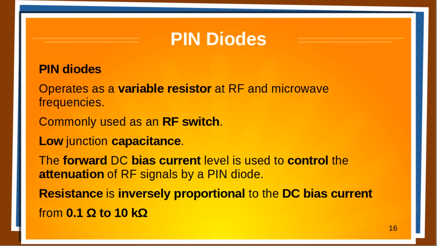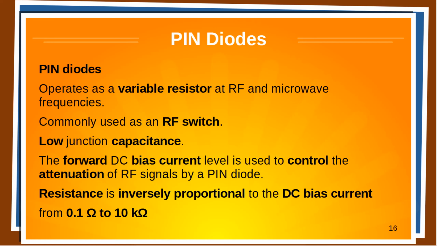Pin diodes. I don't know much about pin diodes because I've never done microwave stuff. But they claim it can operate as a variable resistor, and they're constructed differently than a regular diode. And they can also be used as an RF switch because you are essentially controlling the resistance from high to low. You can switch it.